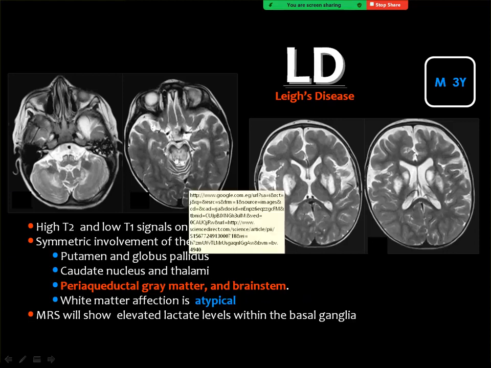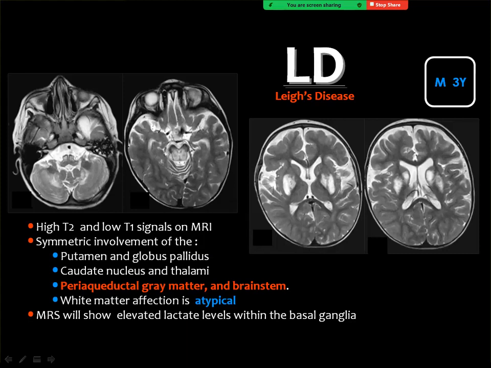Periaqueductal, in this region around the tectum of the midbrain. White matter affection is atypical, and of course the MRS of these lesions will show very high lactate level.